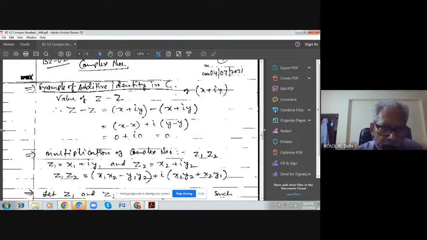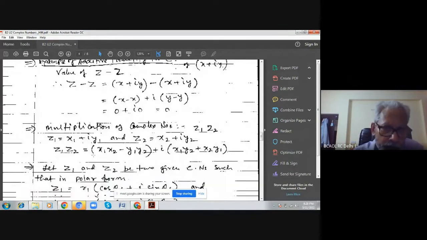So z minus z, suppose the value. Simply x, the real part, you put in one bracket, and iota you take common, and y minus y. So in this case it is totally 0, because x minus x is 0. So totally it is already 0 when the things are coming.